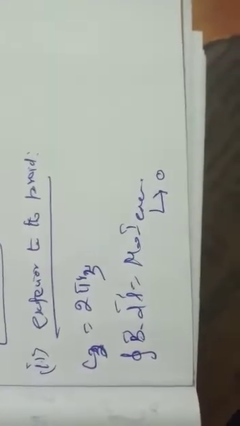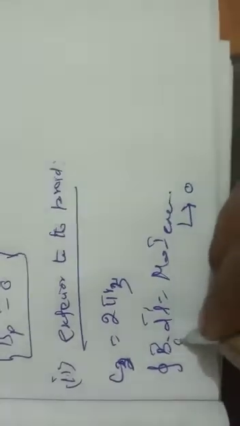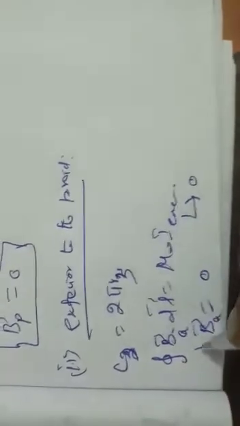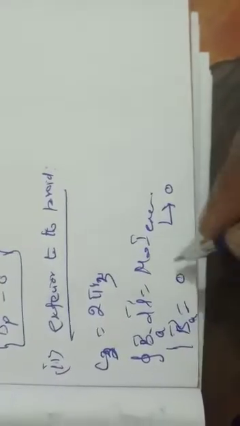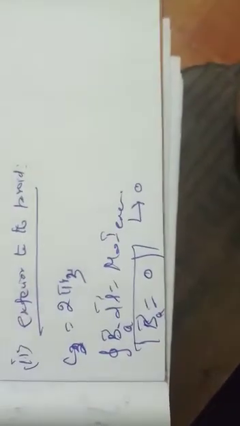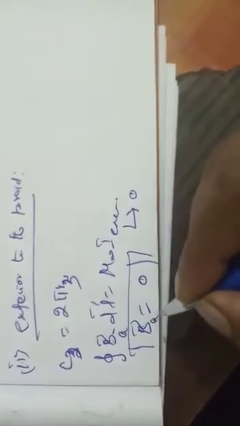So I enclosed will be 0. So at the point Q also the magnetic field will be 0. That is, B at the point Q is equal to 0.